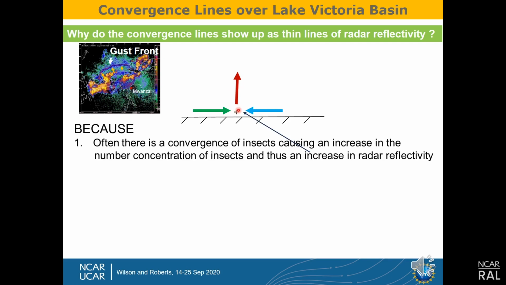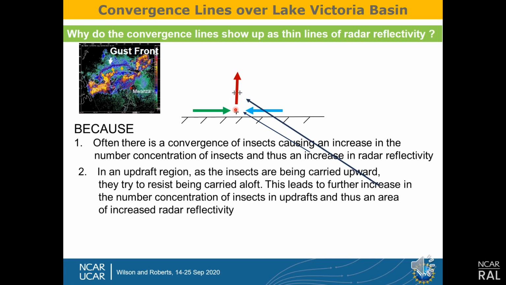The reason is often there's a convergence of insects here. We have these two flows meeting, so they're going to converge the insects there, and that'll increase the radar reflectivity. But there's a second reason.